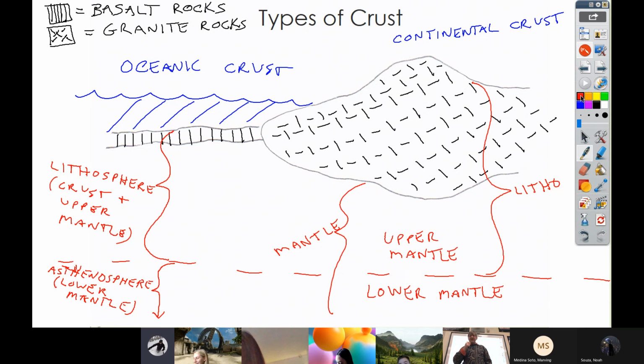So do you see how we've kind of taken the mantle and we've split it into an upper section and a lower section? The lower section is much thicker than the upper section. We just can't see it in this diagram because the mantle continues. Basically, if you were in my classroom, I would tell you that it continues to the floor. So in this diagram, the mantle would go all the way to the floor of my classroom.